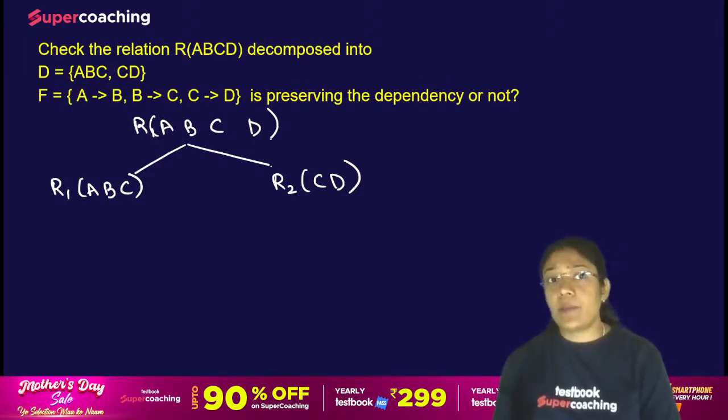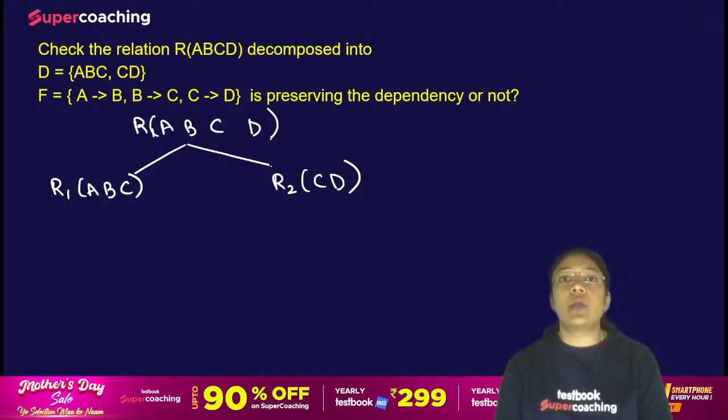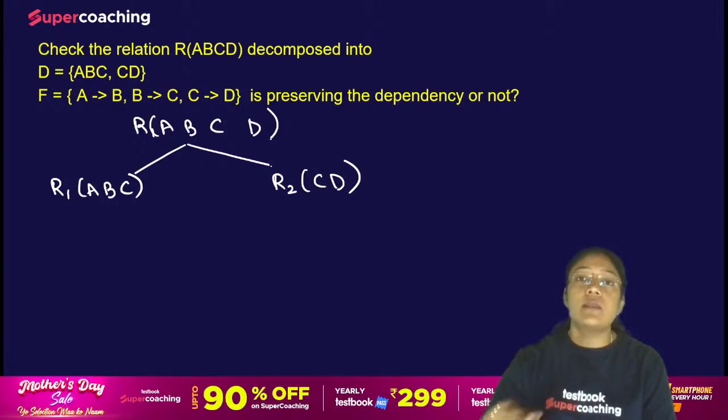One is with the direct mapping, and other one is you can find out the non-trivial functional dependencies existing in the sub-relations. Okay, सबसे पहले हम direct mapping के साथ करते हैं.